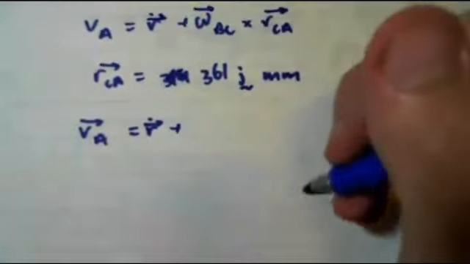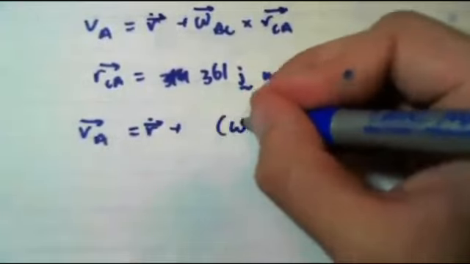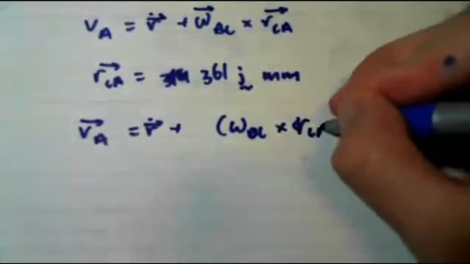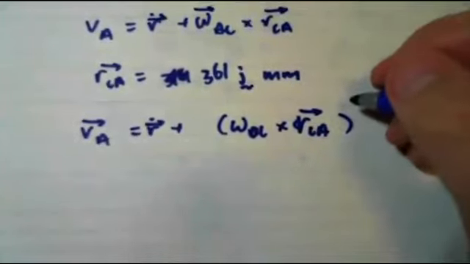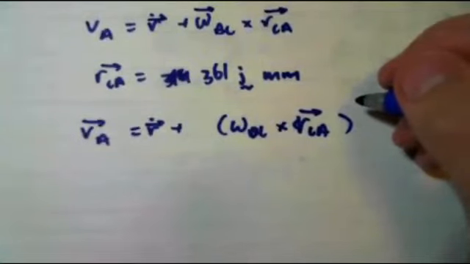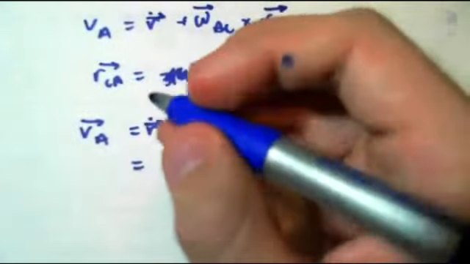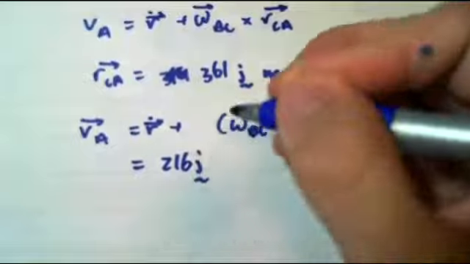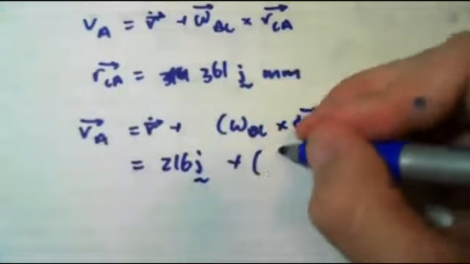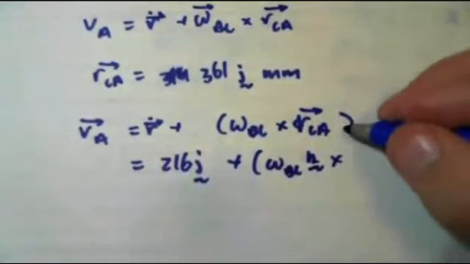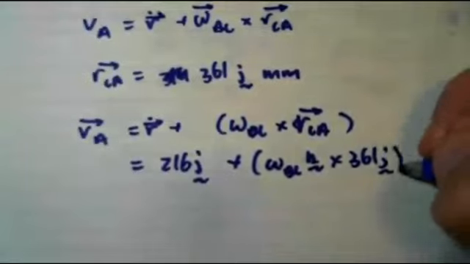R dot plus, these are all vectors, R dot plus omega BC cross R of CA. But we already know what our vector V of A is, which is equal to 216j, we know that, plus omega BC k cross 361j.